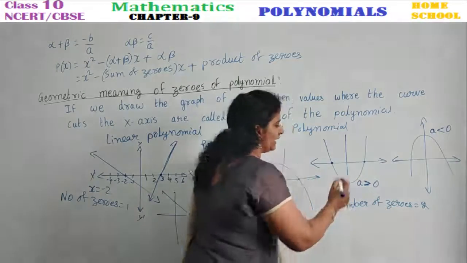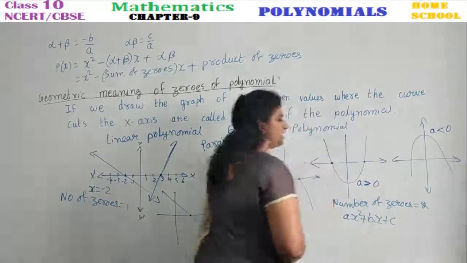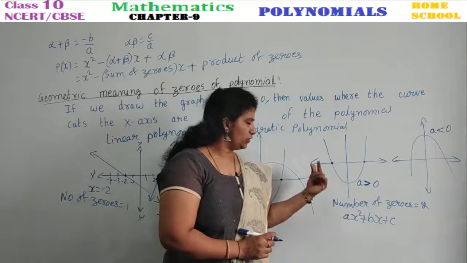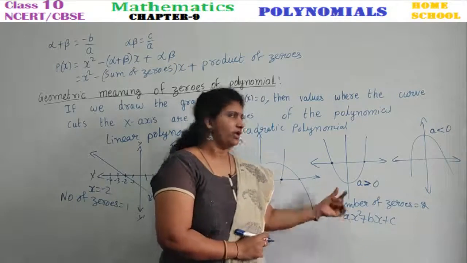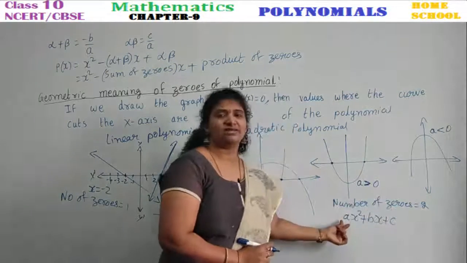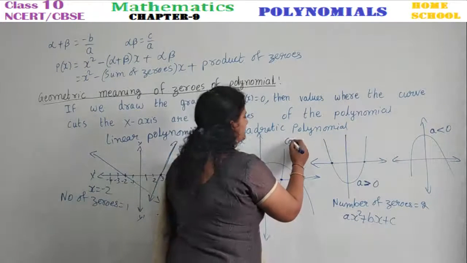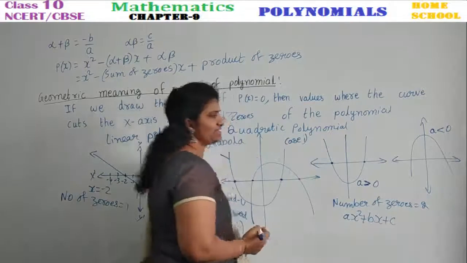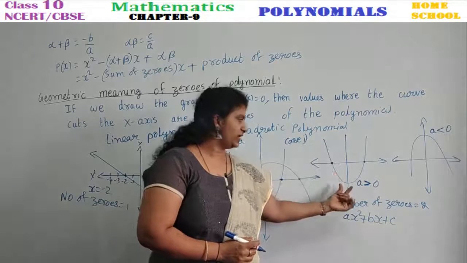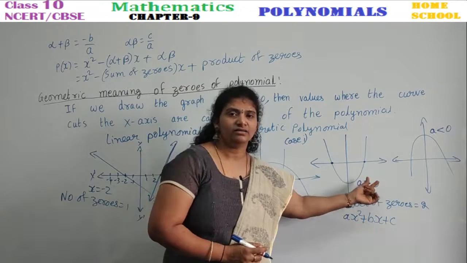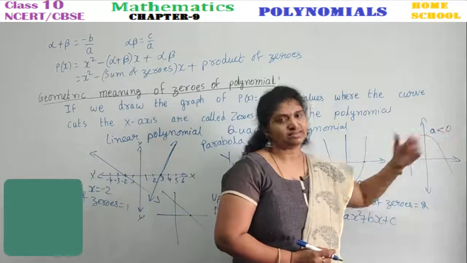In your quadratic equation ax square plus bx plus c, you can guess by seeing this parabola that a must be greater than 0, and here a must be less than 0, meaning it is a negative value. This is your first case. There are 3 cases we can explain here. First case: if your parabola is upward, you can say directly that a is greater than 0, and if your parabola is downward, you can say a is less than 0.